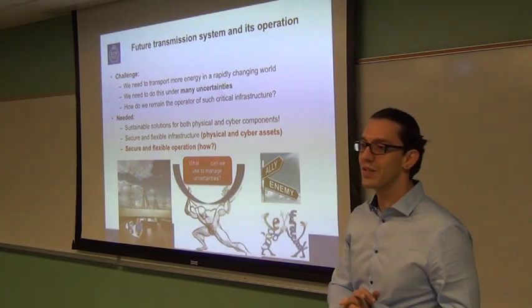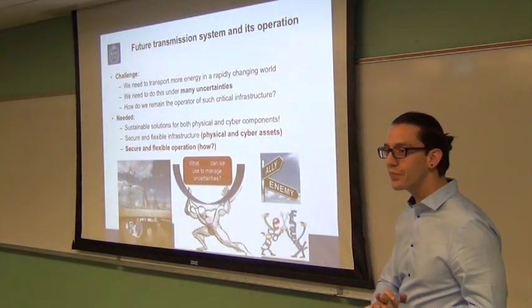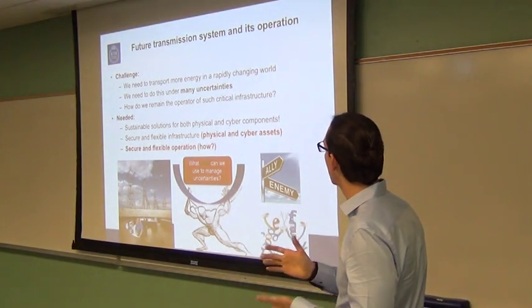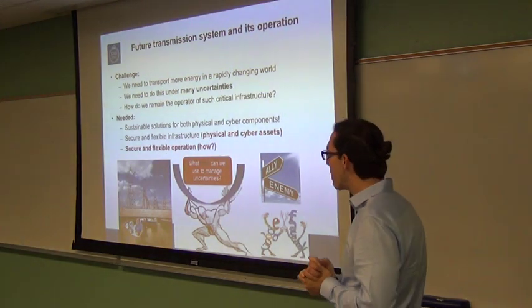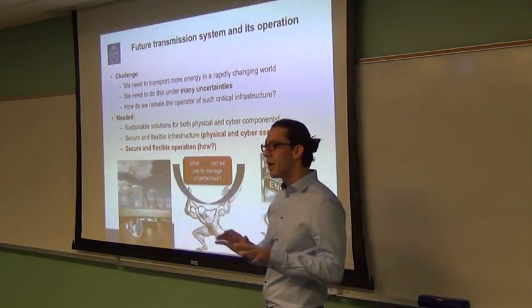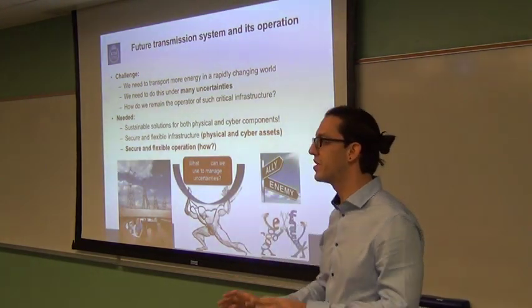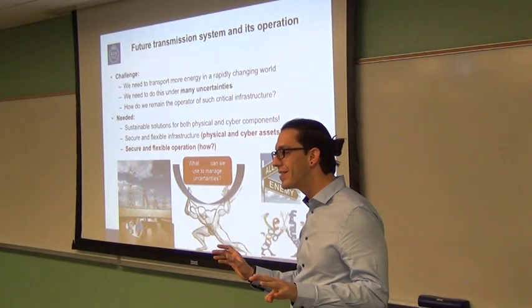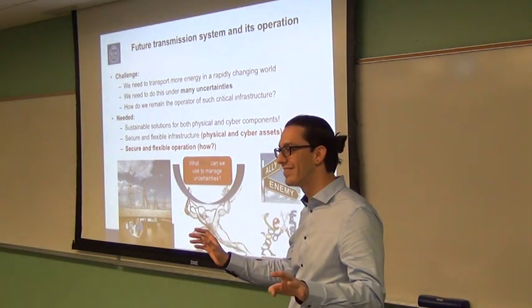And regardless of where you are, these will have huge uncertainties. Okay? We will have to live with uncertainty of climate and energy availability. And the other thing that we have to think about, electrical power operators, okay? Transmission companies, distribution companies, the only reason they exist is because of regulation.